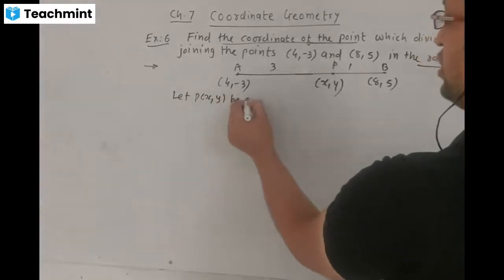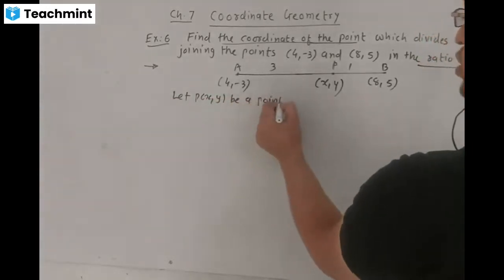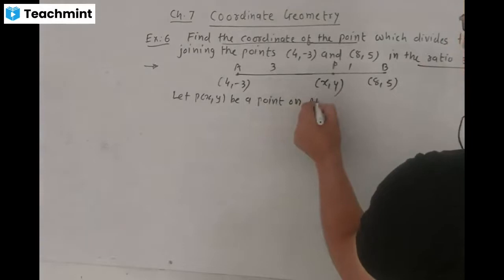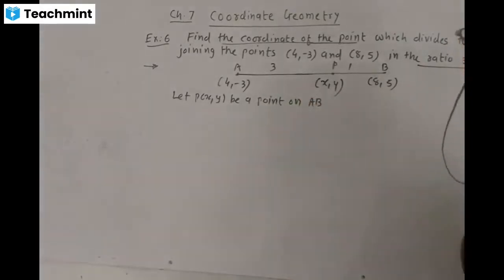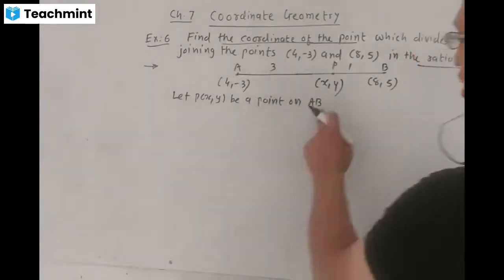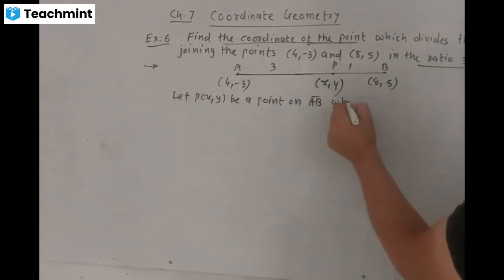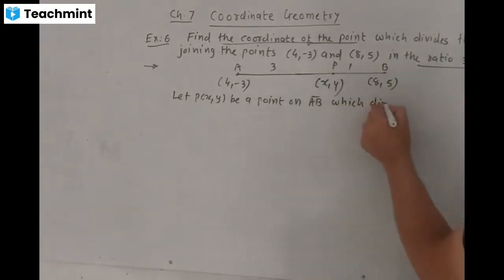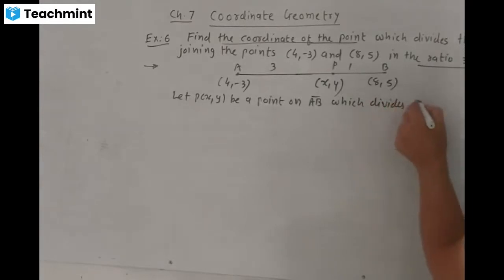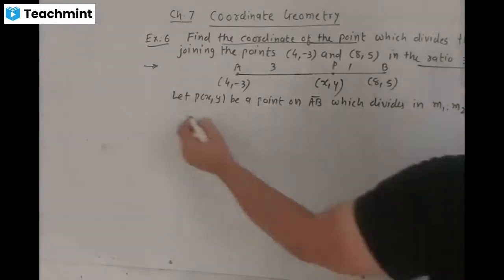be a point on line segment AB which divides it in the ratio m1 to m2, that is equal to 3:1 internally.